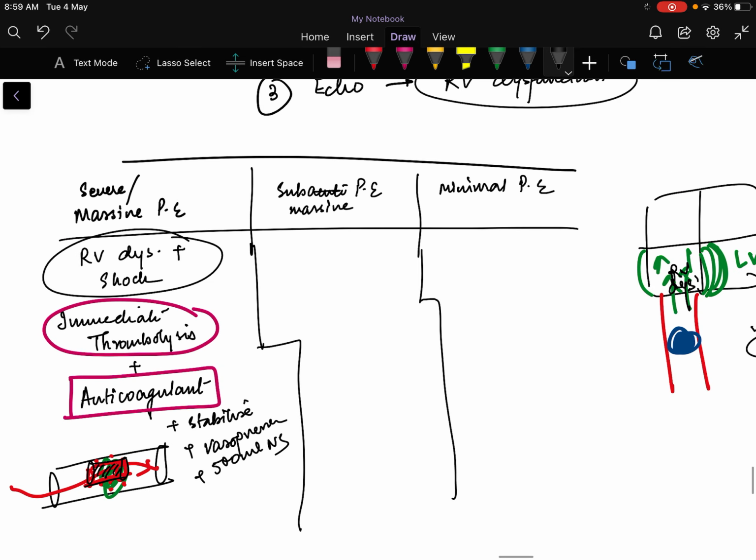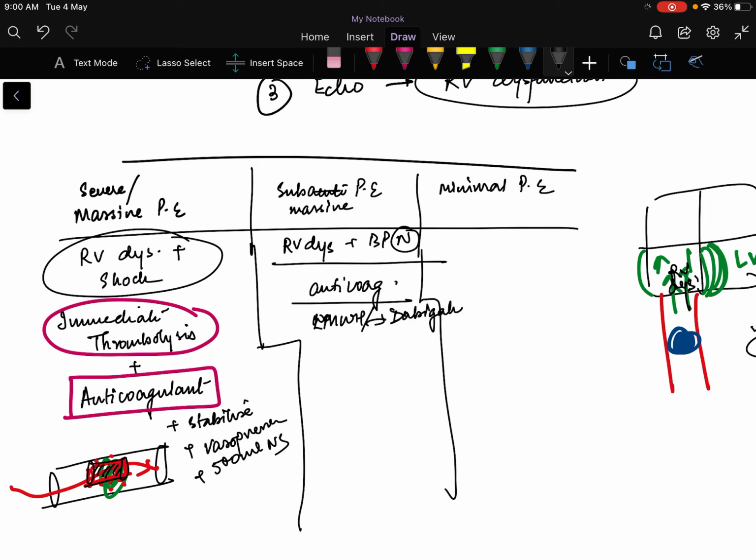If it's a submassive one, that means there is only right ventricular dysfunction but the BP seems to be normal, then you go for an anticoagulant like LMWH followed by dabigatran or rivaroxaban, plus or minus thrombolysis depending on the hemodynamic stability.